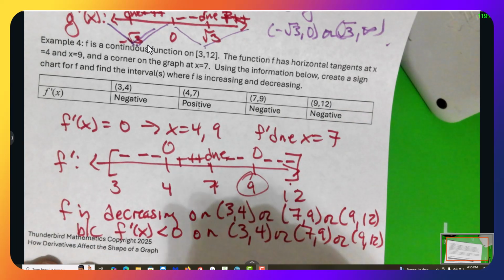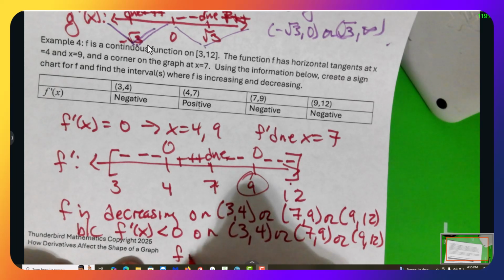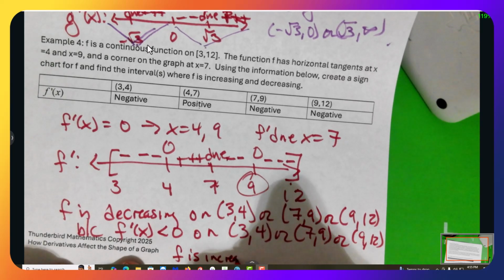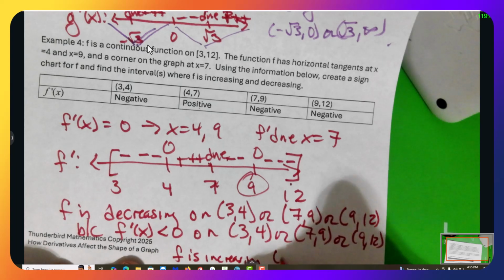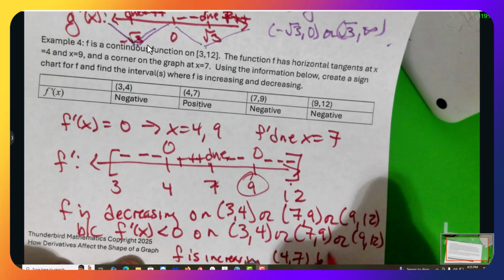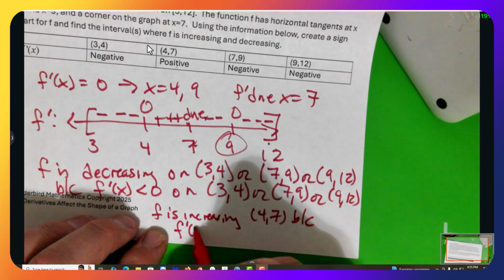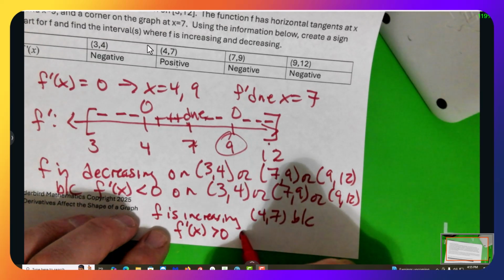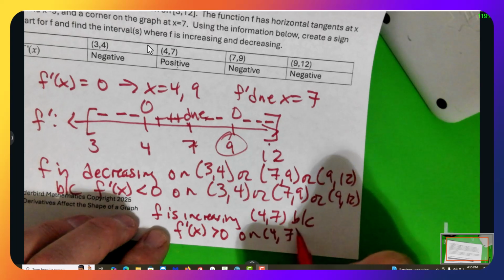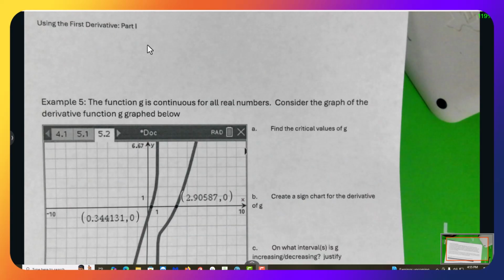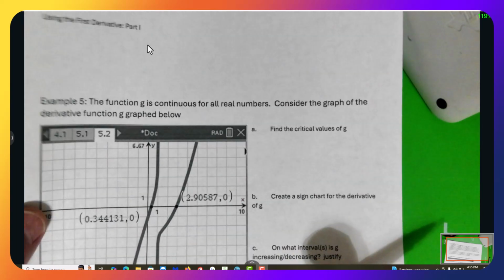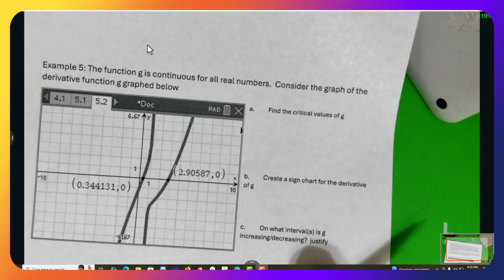But a lot of people don't want to go to that length to do it. And now we know that f is increasing on the open interval from 4 to 7, because my derivative is positive on the open interval from 4 to 7. See how that goes?